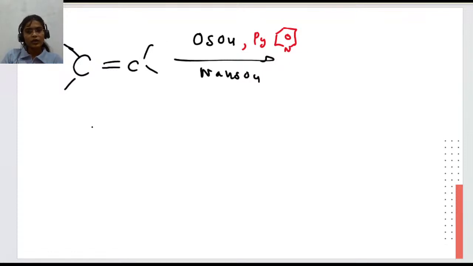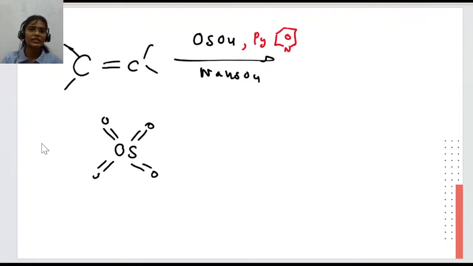Actually this is OsO4. Let me write the structure: osmium connected with four oxygens like this. This bond attacks here and this bond attacks here, so a cyclic ring formation takes place.